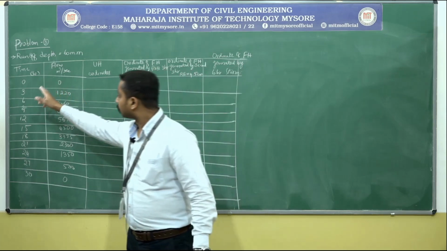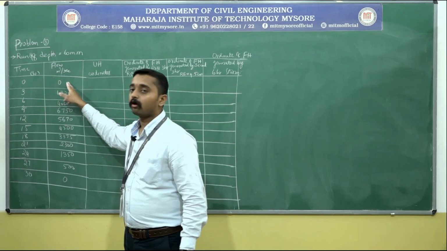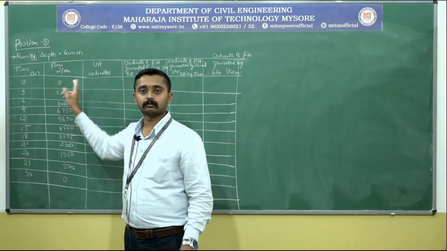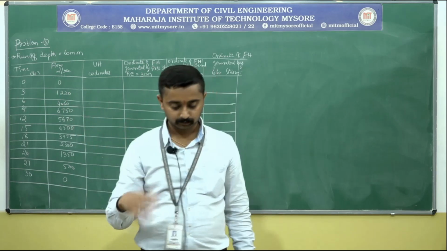This one, time is given and flow ordinate are given. Okay, these two columns are given data. Okay, continue.